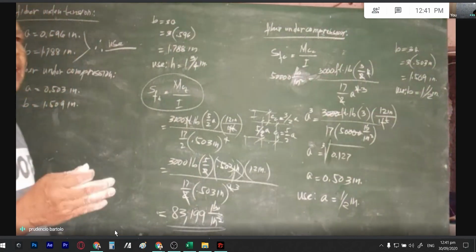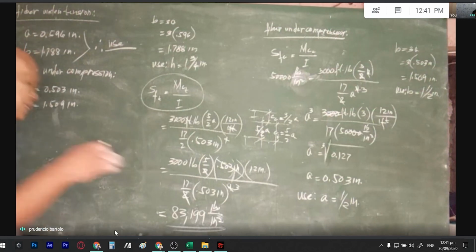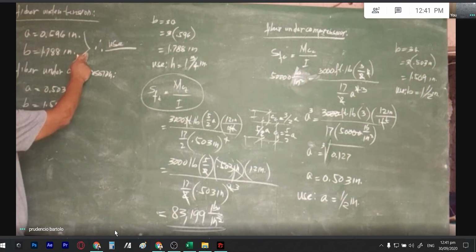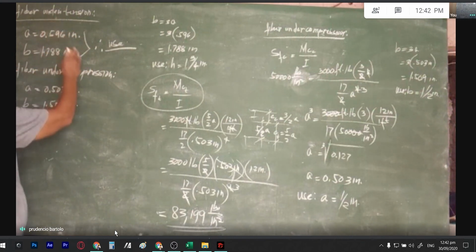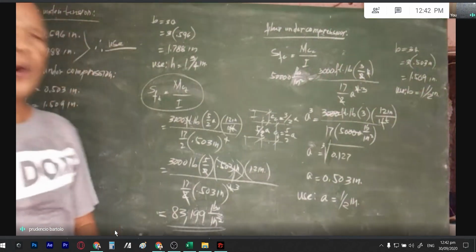Therefore, we cannot use that set of dimensions. Instead, we make use of the dimension taken on the fiber under tension, which is 0.596 of an inch and 1.788 inches for B.